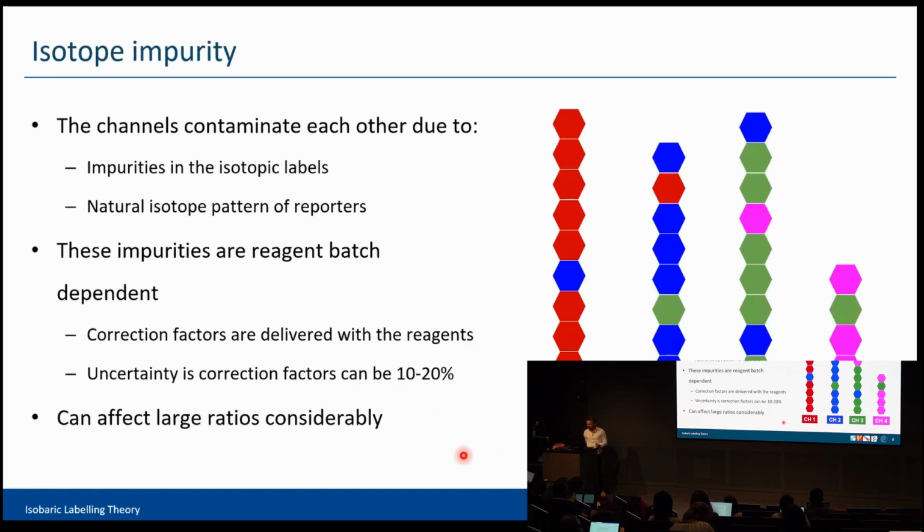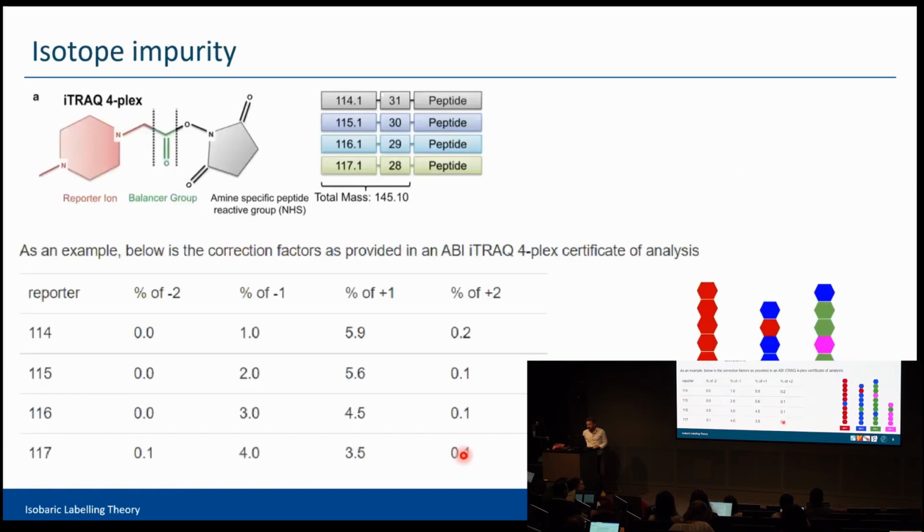But the good thing about it, if you know it, then you can handle it. And since it's batch dependent, on your batch you usually get such a table. It gives you some correction factors that have to be applied, and it just tells you, aha, for this iTRAQ reporter 114, there are these corrections which you have to consider to get the perfect quantification results.